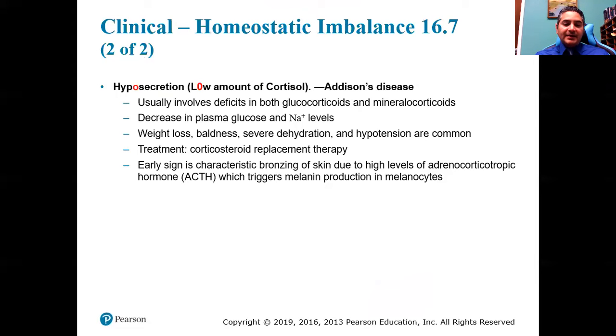The early sign characteristic is this bronzing of skin due to high levels of the adrenocorticotropic hormone, which triggers melanocytes, which are the cells responsible for producing melanin. So you're going to change the color of the skin pigmentation. So that's one of the early onsets of Addison's disease.